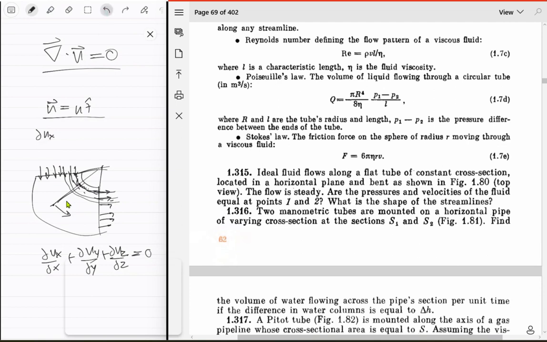Now you just have partial uz upon partial z, because that's the only Cartesian coordinate still in the cylindrical coordinates. Then you have partial ux upon partial x plus partial uy upon partial y. If you go blindly, you might say it's partial ur upon partial r plus partial utheta upon r partial theta, right? You might say it's like this.